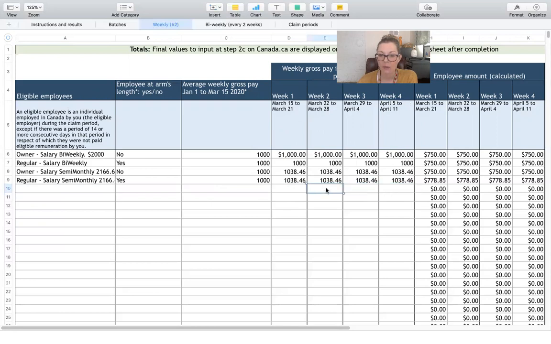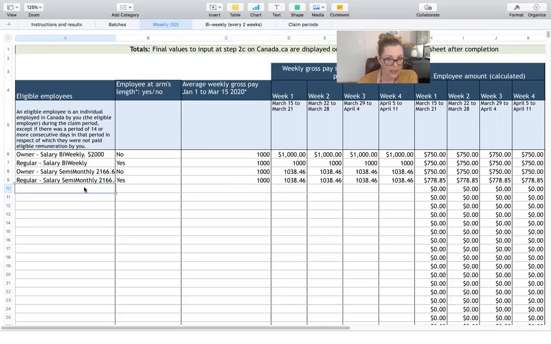And again, remember that for these weeks, we're using wages earned and not paid. Doesn't matter when these were paid. And then in this baseline, it does need to be paid, but we're still going to prorate it based on the pay schedule to figure out what their average weekly pay is.